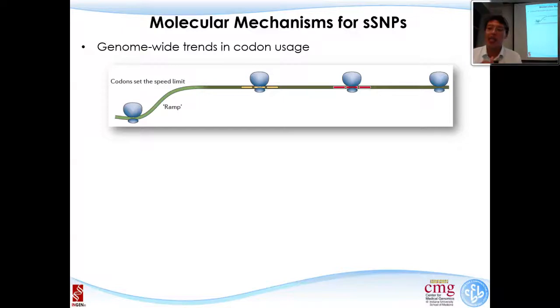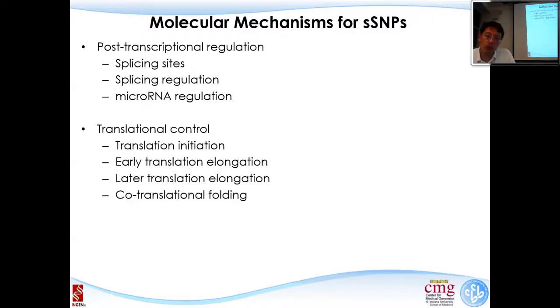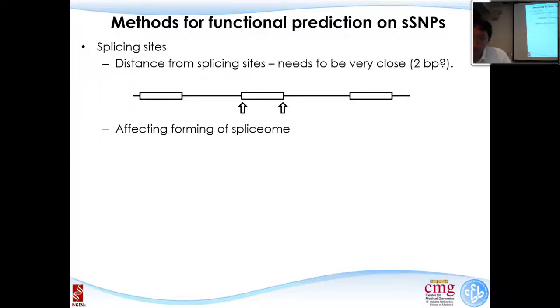So although this variant is not changing the amino acid sequence, it will change the translational rate by controlling the translation efficiency. Again, there are many different ways this individual SNP can change gene regulation at many different levels: post-transcriptional regulation, translational control, proteostasis, and so on.